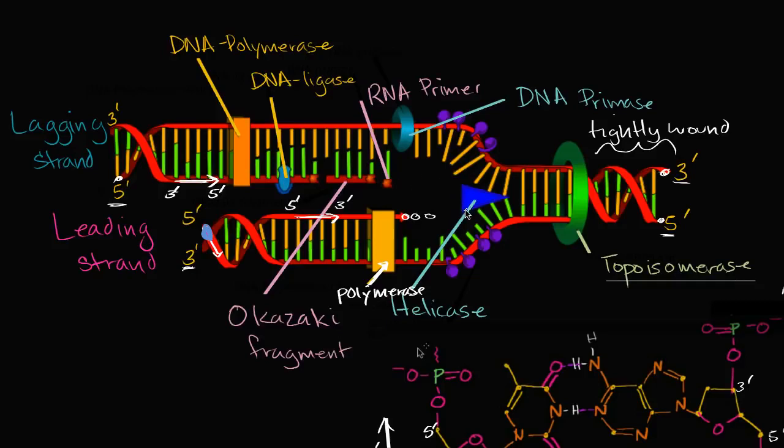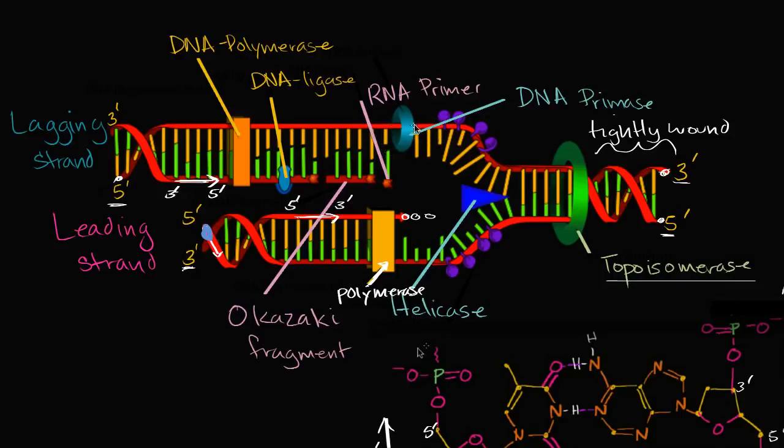And so how does biology handle this? Well, it handles this by adding primers right as this opening happens. It'll add primers, and this diagram shows a primer is just one nucleotide, but a primer is typically several nucleotides, roughly 10 nucleotides. So it'll add roughly 10 RNA nucleotides right over here, and that's done by the DNA primase.